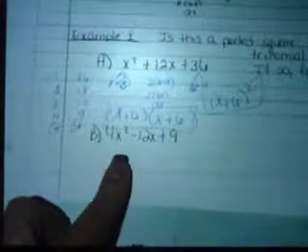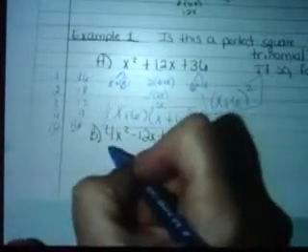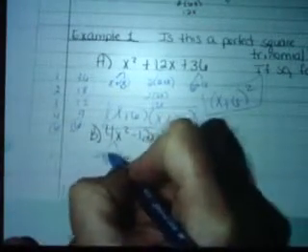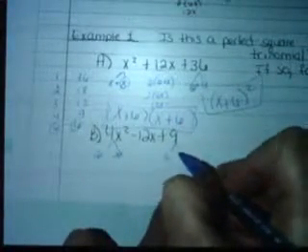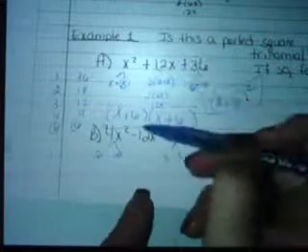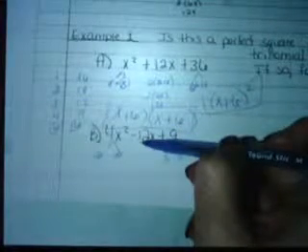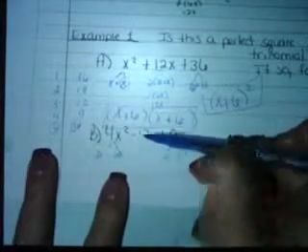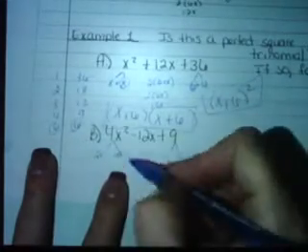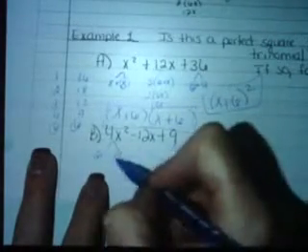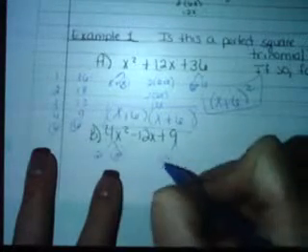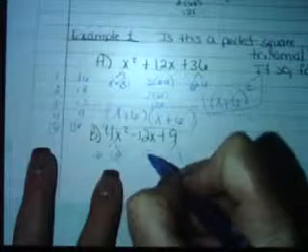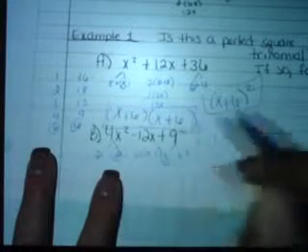Okay, look at B. Do we have a perfect square trinomial? Okay, well, 4x squared is going to be 2x times 2x. 9 is going to be 3 times 3. We need it to be negative, so if I take a factor from the first term and a factor from that last term, I'm going to have 2x times 3, and I'm going to double that.